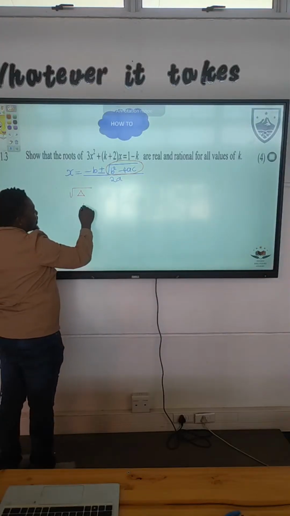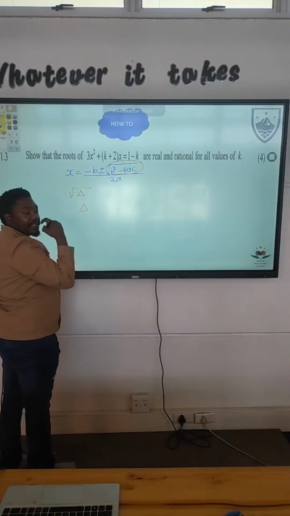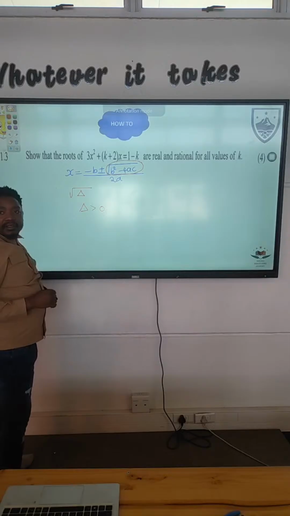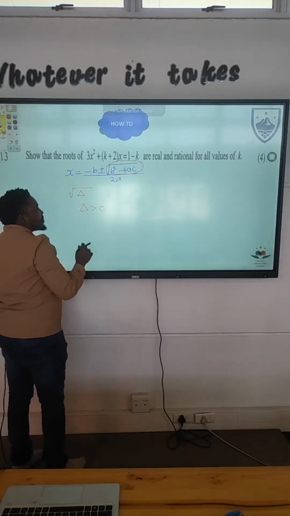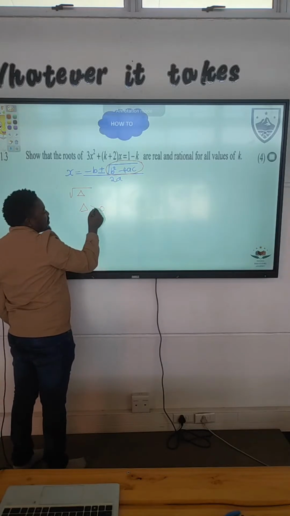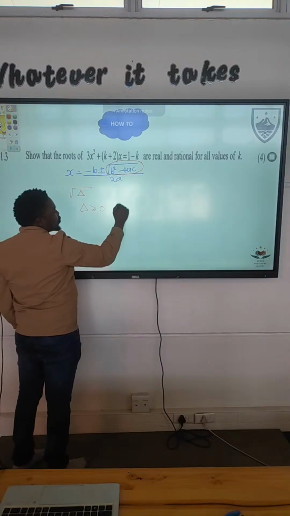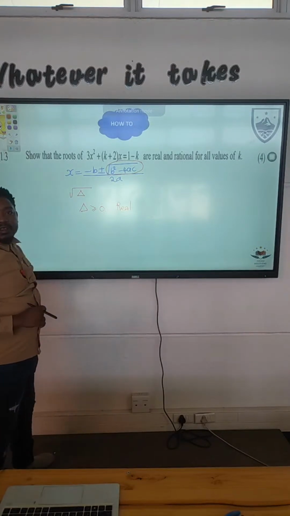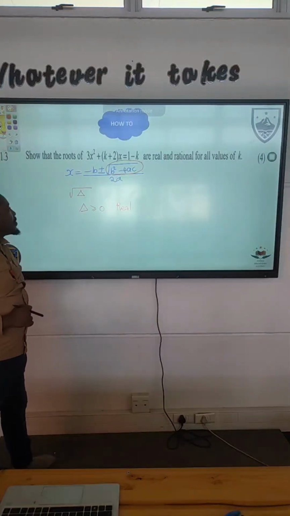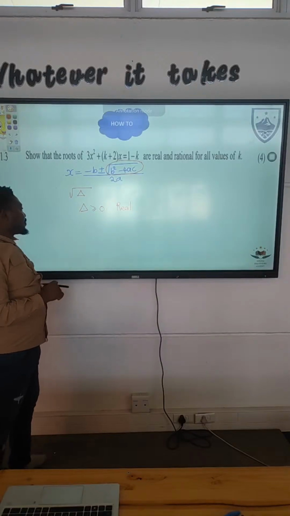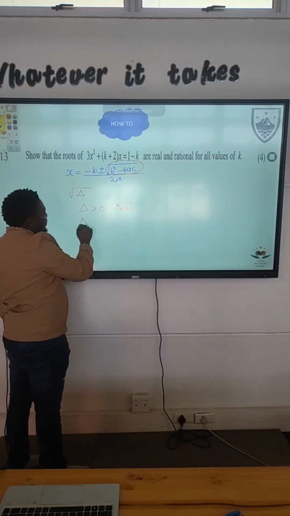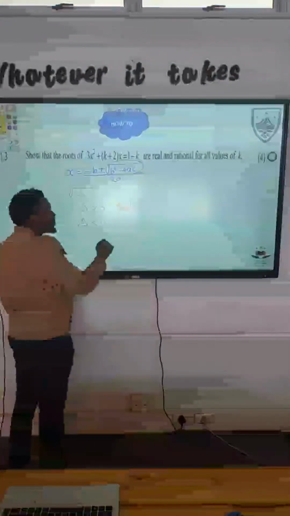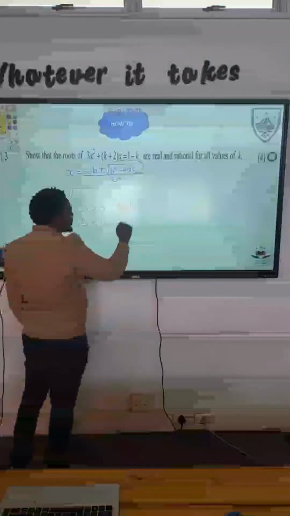So when the discriminant, which is b squared minus 4ac, is greater than 0, it means we know that even if it's equal to 0, our roots will be real. We'll have real roots, and then if our discriminant is less than 0, we'll have them as non-real.